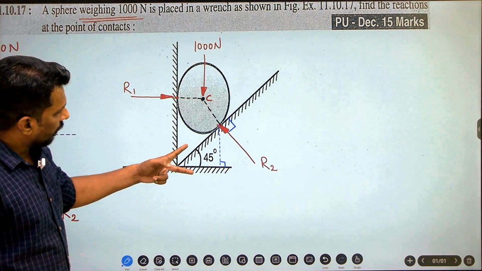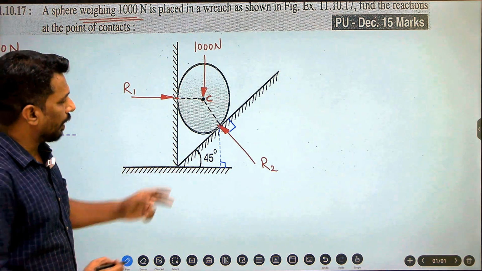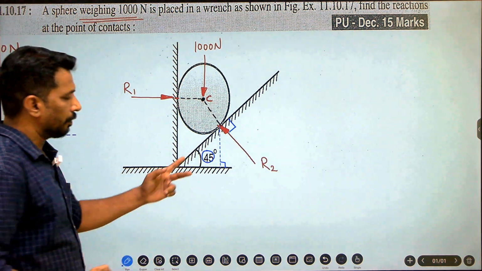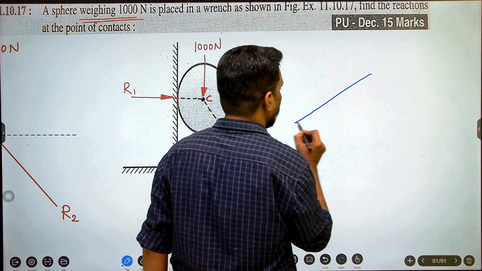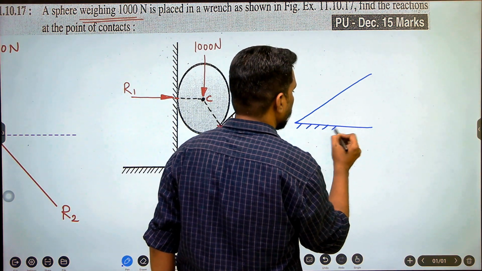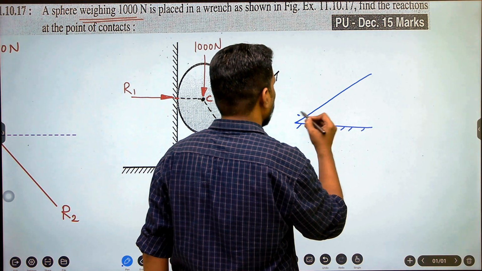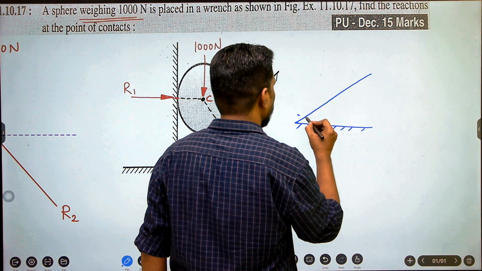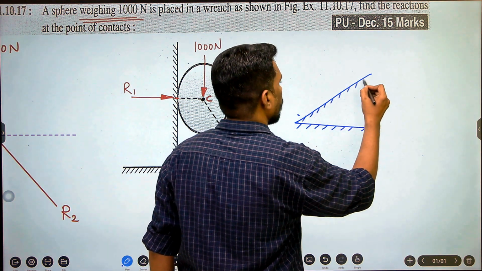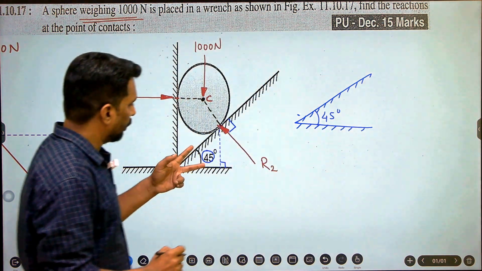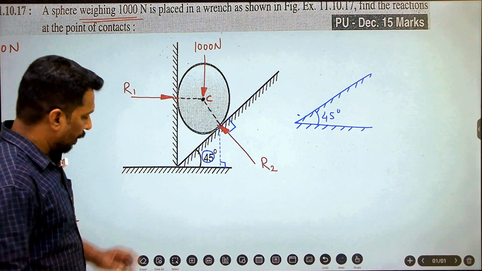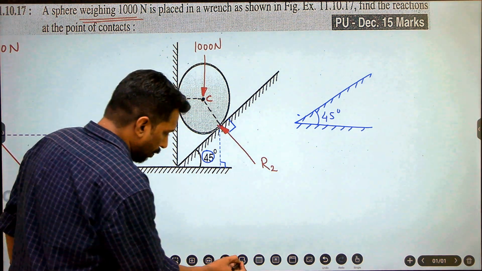Now see here, the contact surface and this horizontal have a 45 degree angle. I can show it over here. This is the contact surface and this is your horizontal, and this is 45 degrees as given in the figure. The same angle can be obtained between their perpendiculars.